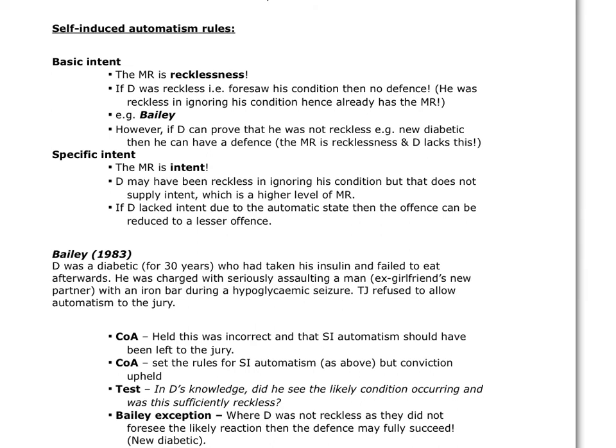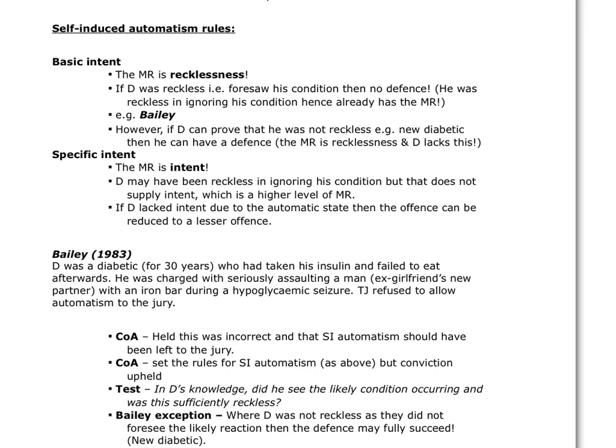The only exception to that, which is the only different element to this, which is different to Majewski, is you've got a very, very small chance of proving the defence if you were not reckless. The only example I can come up with there is the brand new diabetic, newly diagnosed, and he wasn't sure what he could eat, what he couldn't eat, had he eaten enough.